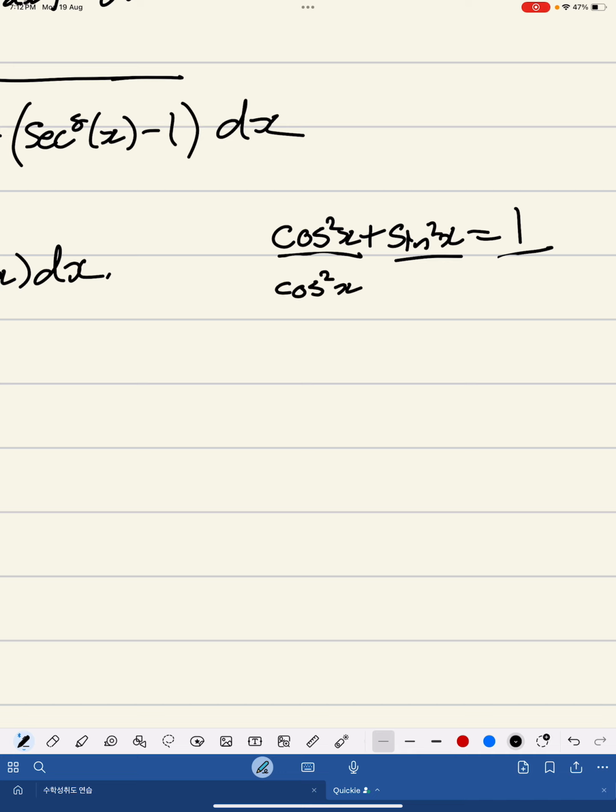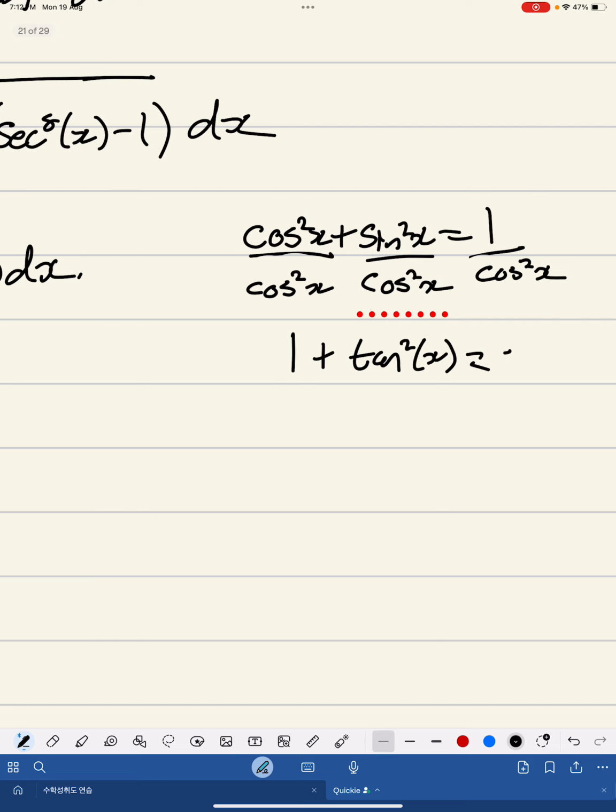Then the left-hand side is 1 plus tan squared x, which equals 1 over cosine squared x, which is defined as sec squared x. See where we're going now?